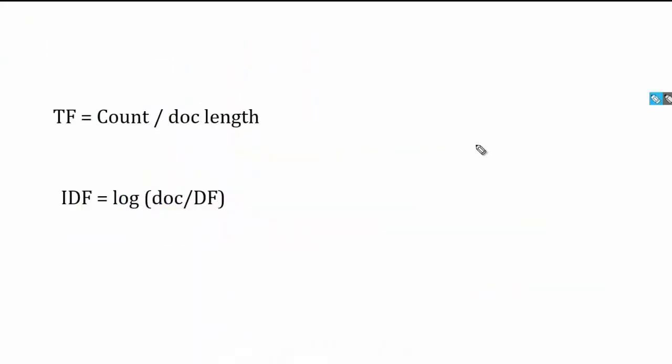Now, one of the important questions is, why do we take log in IDF but not in TF? As we already discussed, TF is like a probability. The value of TF lies between 0 and 1. But now let's take an example. Suppose one word appears in only one document and we have a total of 1000 documents.